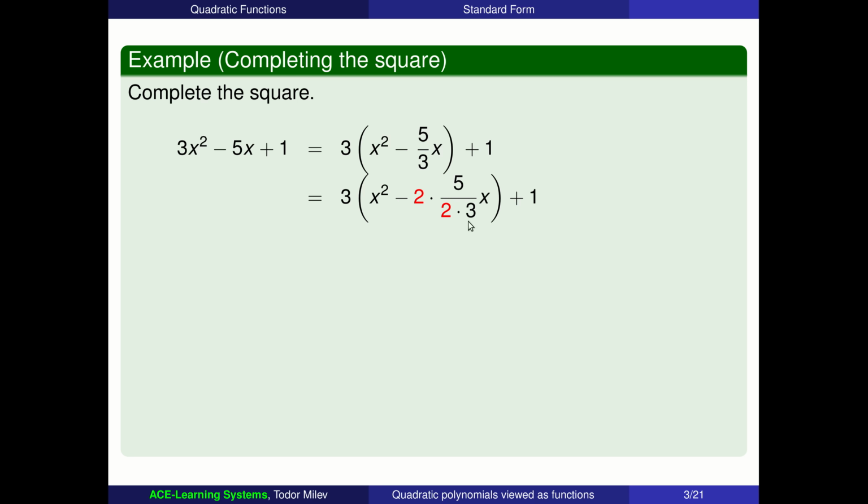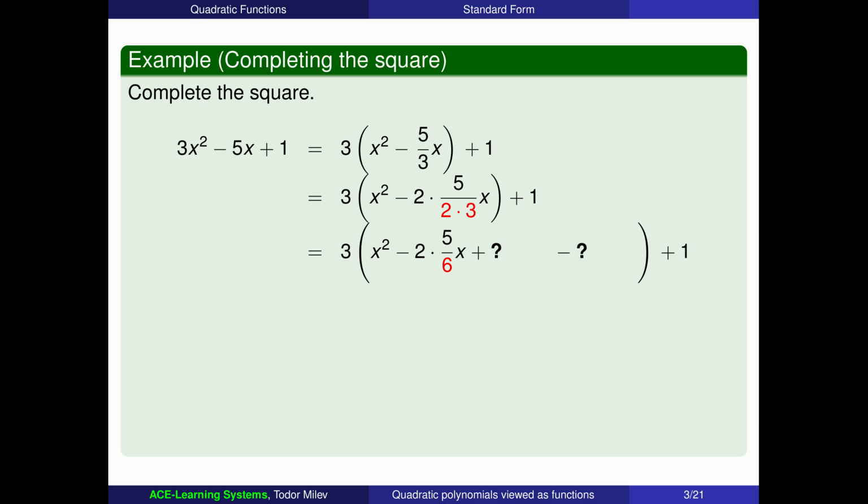So once again, in the next step, we always multiply by 2 and we divide by 2. Before we proceed with the next step, let's just simplify a little bit. 2 times 3, that is 6.